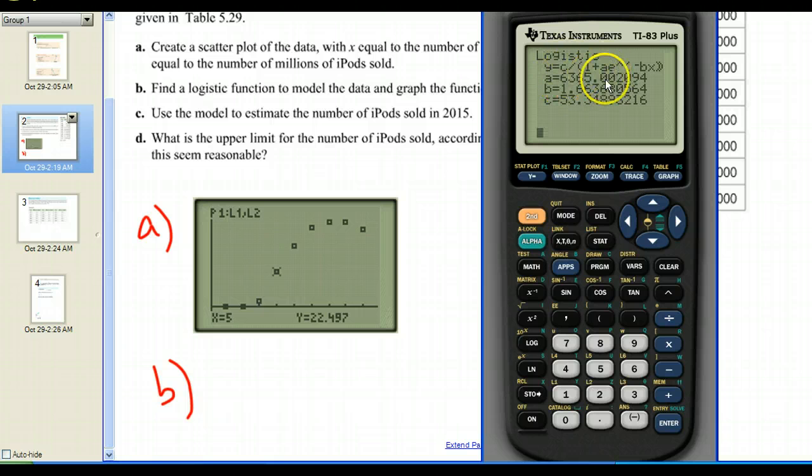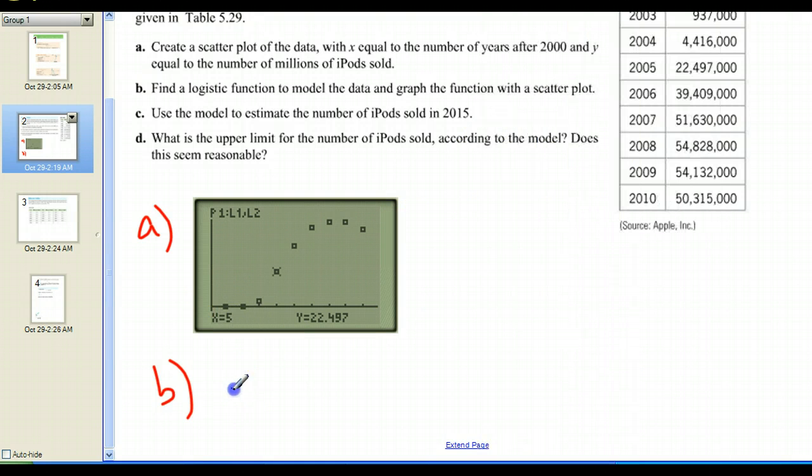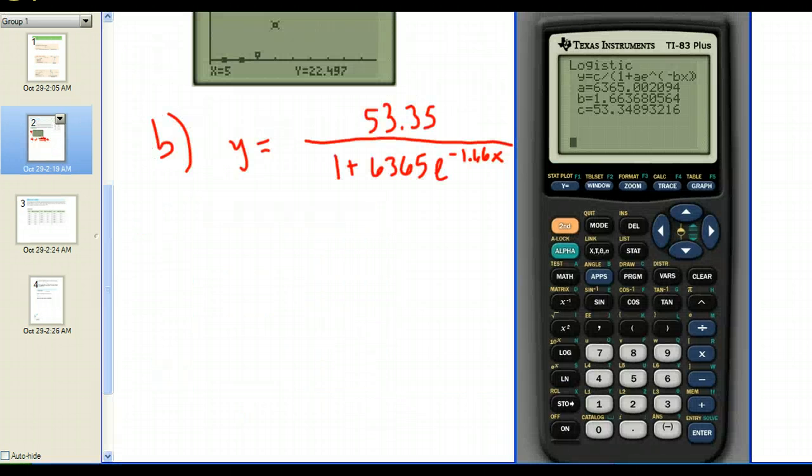There's our A, and then there's our B. So I'm going to say y equals, let me extend this page real quick. And there is our model.